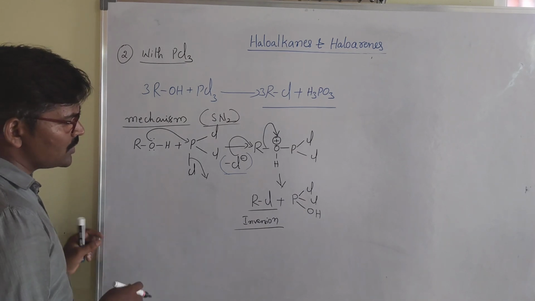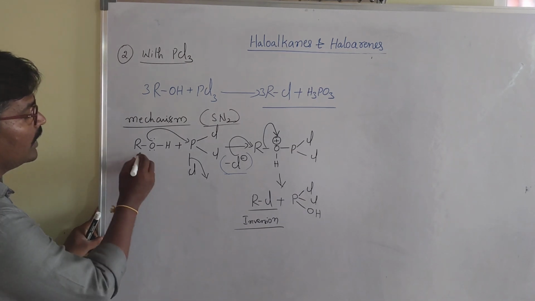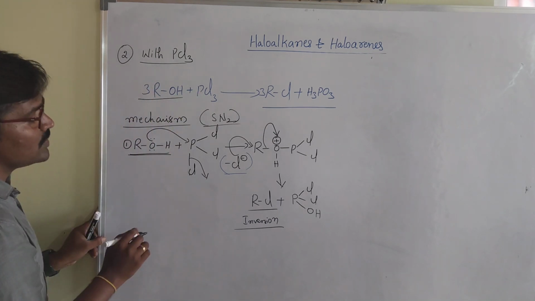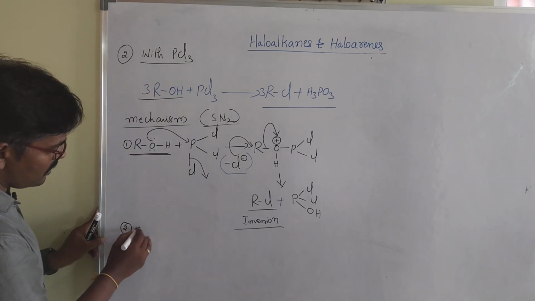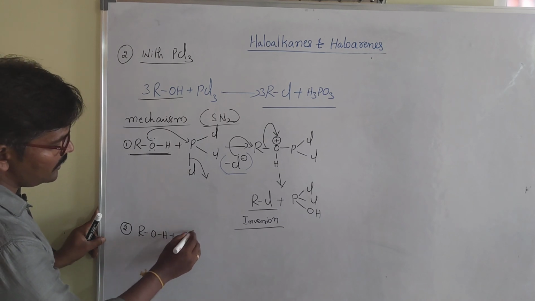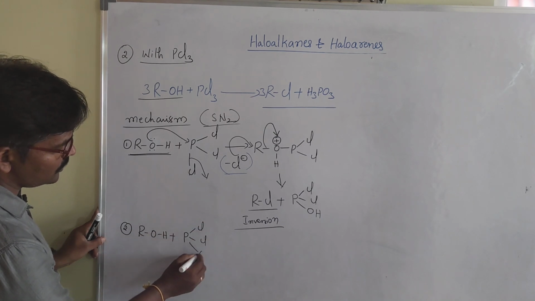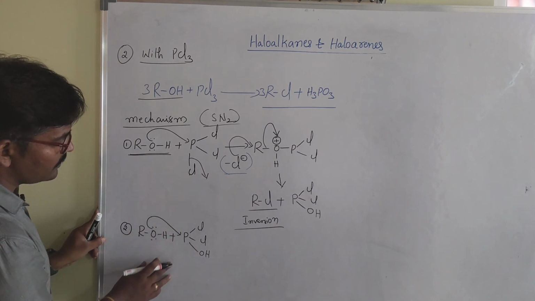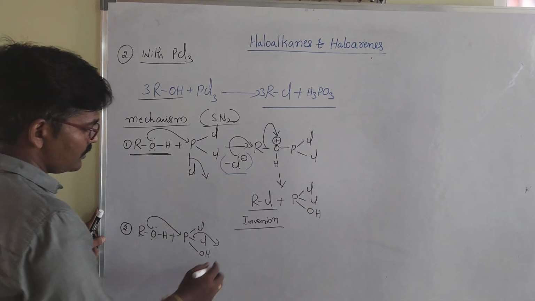Then the reaction is still taking place because here only 1 mole of alcohol is used. How many moles are used in the reaction generally? So the second mole of alcohol, R-OH, plus PClClOH. Again the lone pair of electrons attacks on it. Then Cl minus will escape out.